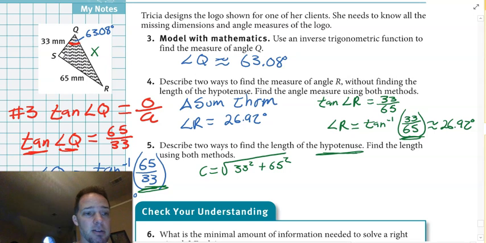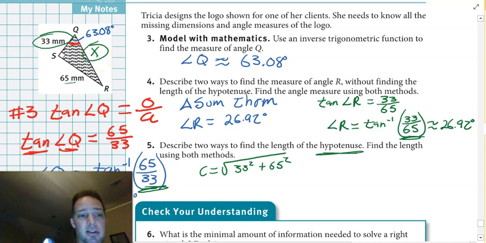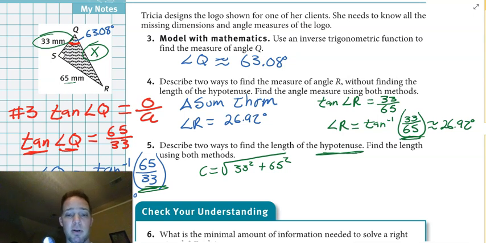I could use either the adjacent leg and the hypotenuse from angle Q, or from angle Q, I could use the opposite leg and the hypotenuse. Either way, I just pick one of the two legs that I know and the hypotenuse. So either sine or cosine would work from angle Q to be able to solve for QR.